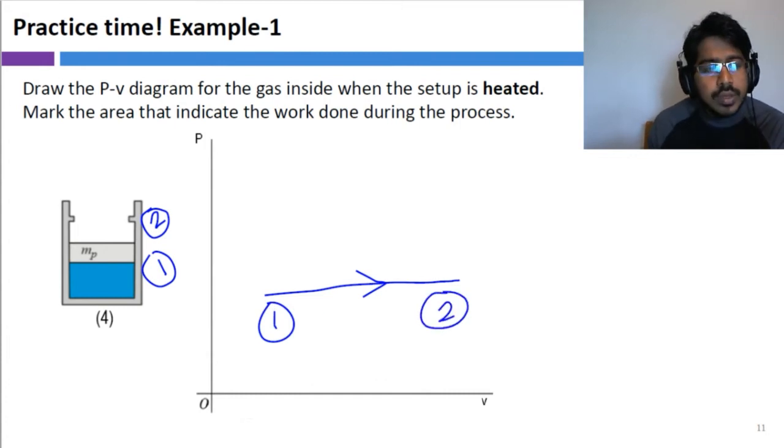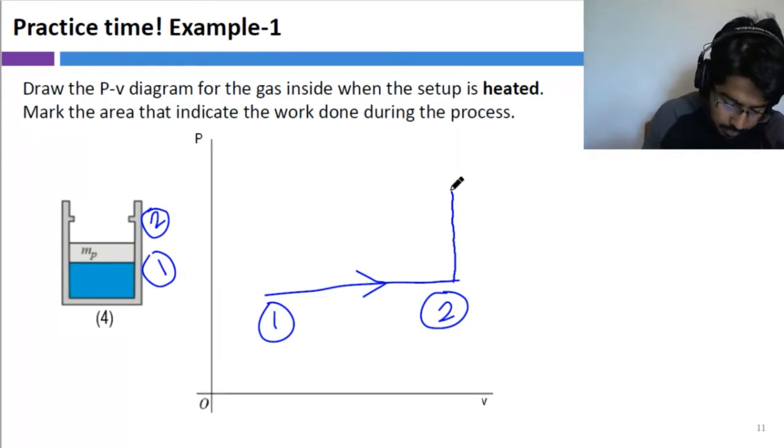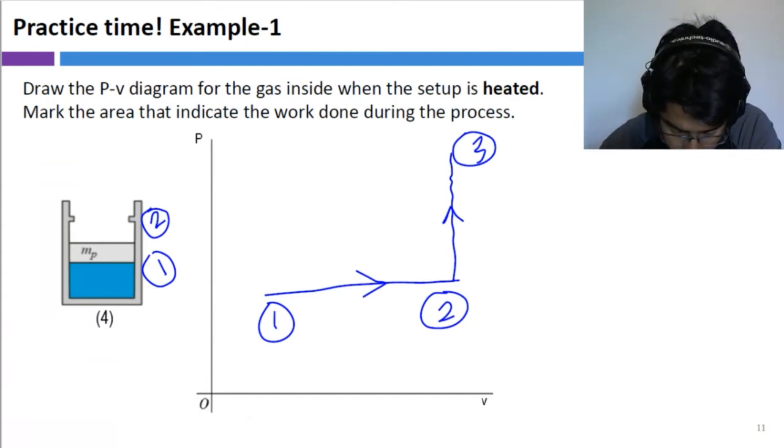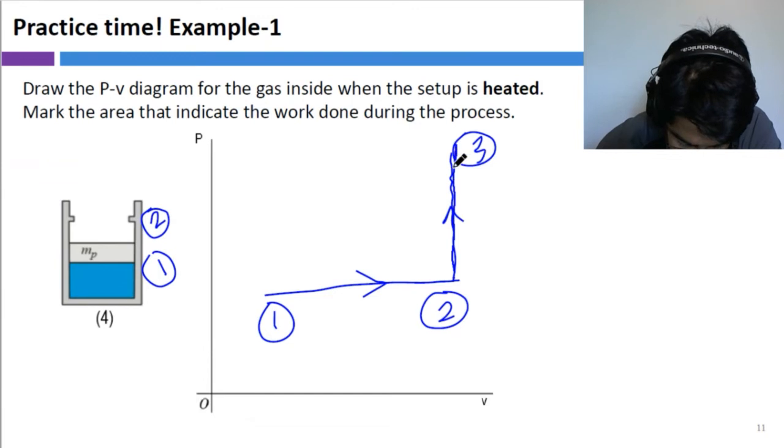And from there onwards, we still keep heating, but the volume cannot change because it's constrained by the stops now. And therefore, when the gas tries to expand, the pressure increases. There's a pressure buildup, right? From 2 to 3, let's say, the pressure increased further. This is a vertical line, okay? This is not a curved line or something. This is just a vertical line from 2 to 3.